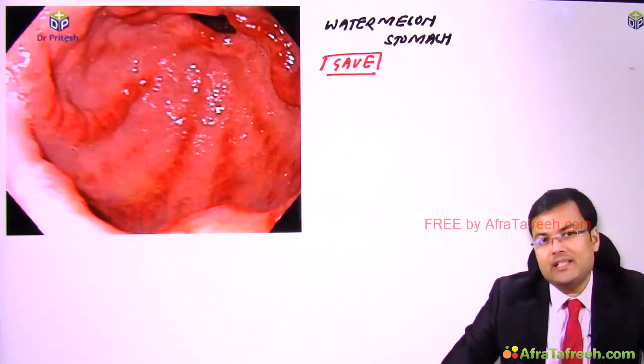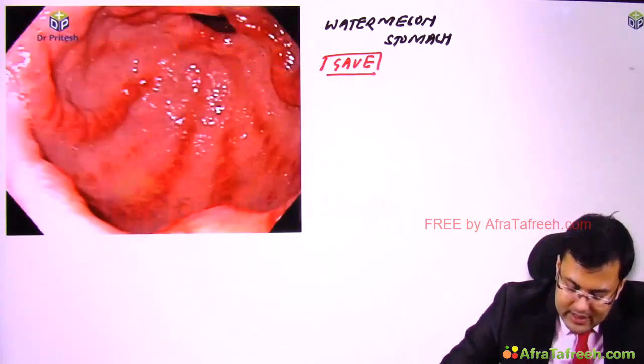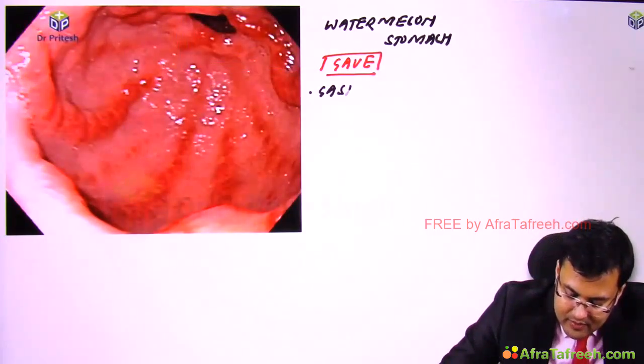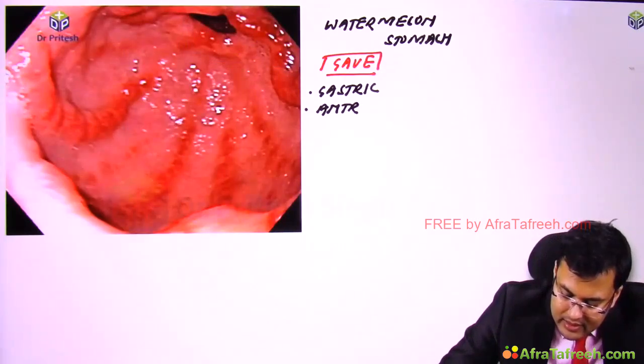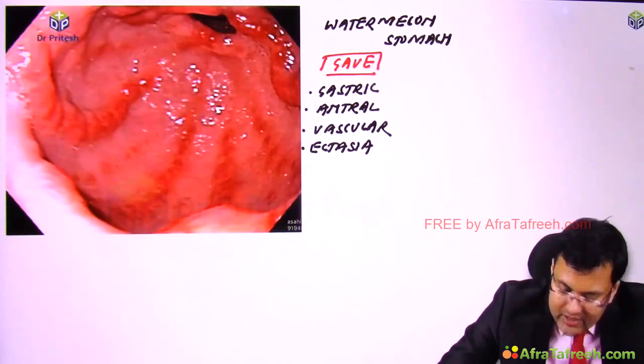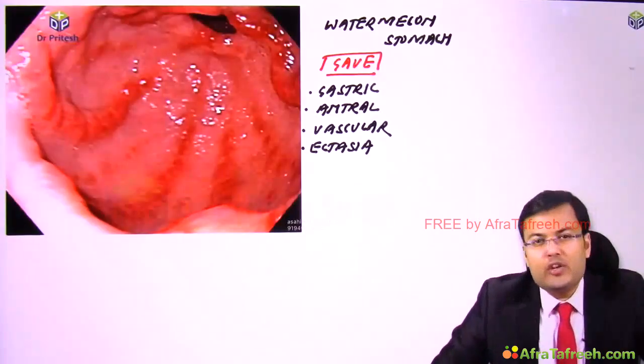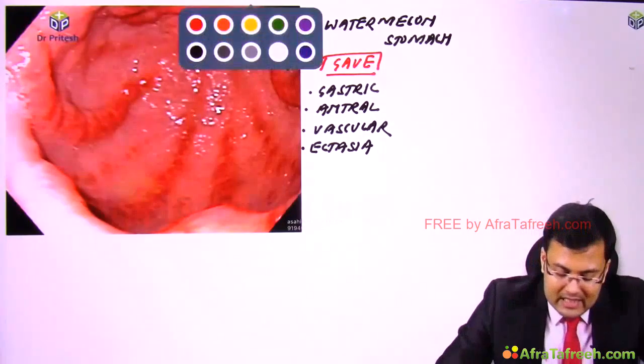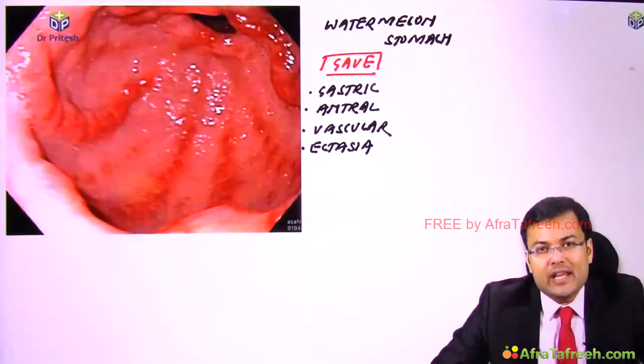Full form is gastric antral vascular ectasia. So here you can make out the answers are hidden in this term GAVE.